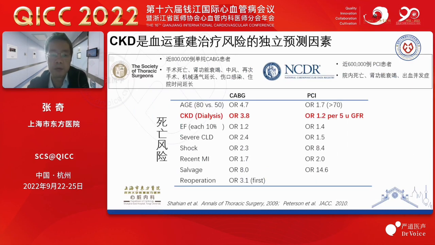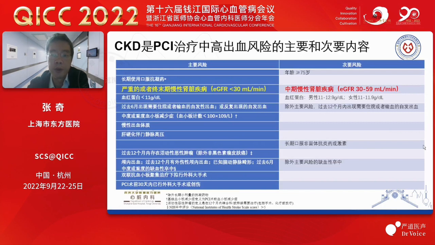And then when we look at that, CKD is an independent predictor for the risk of revascularization, and we can see from here that for those patients concomitant with CKD, CKD is another independent factor for mortality prediction.